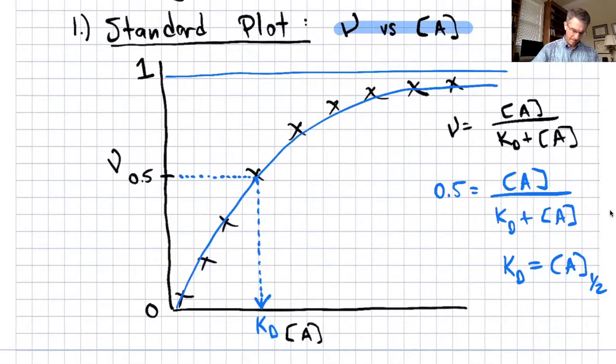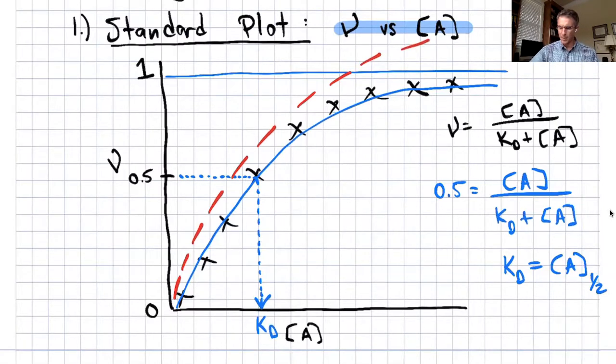Now, a couple of things. What happens if your data, instead of going up nicely like this, does something like this, and maybe that's as far as you can take it for some reason? You could fit that same equation, and it would actually fit, but do you really have a good estimate of the dissociation constant?